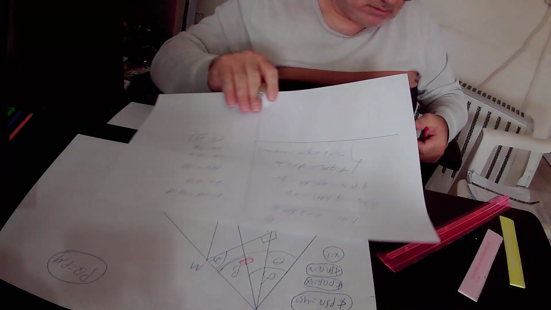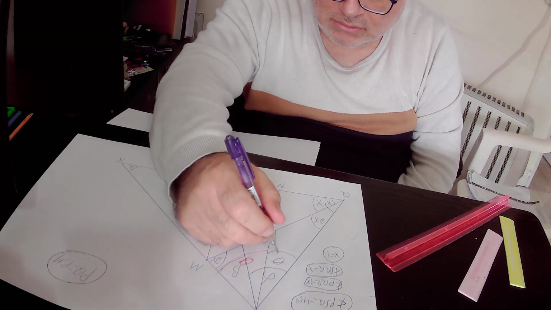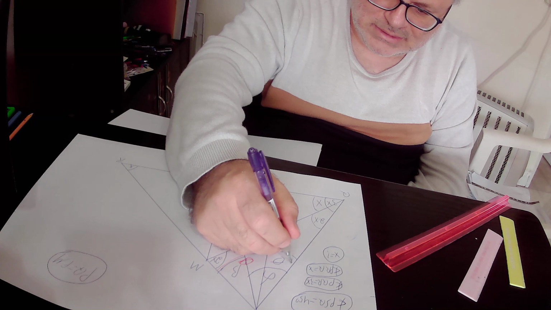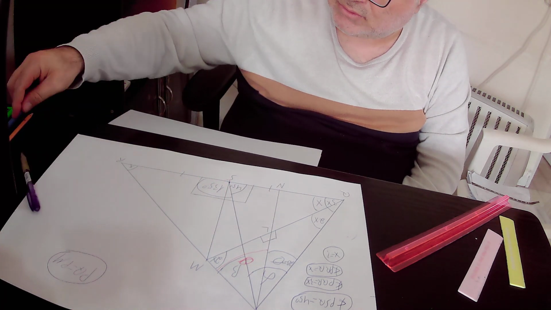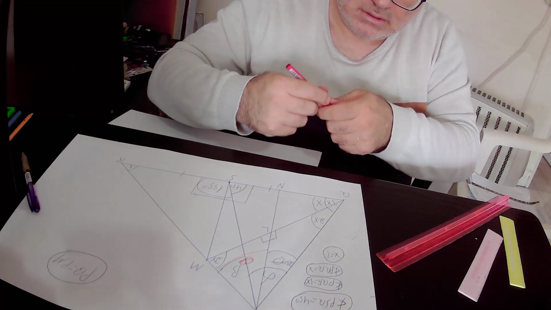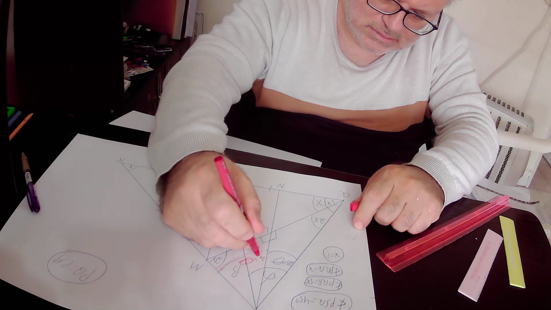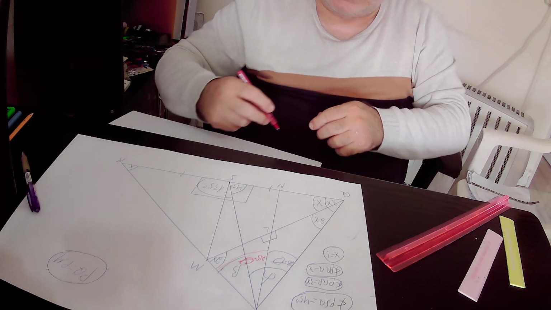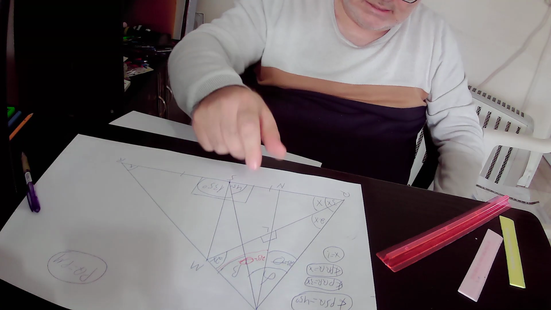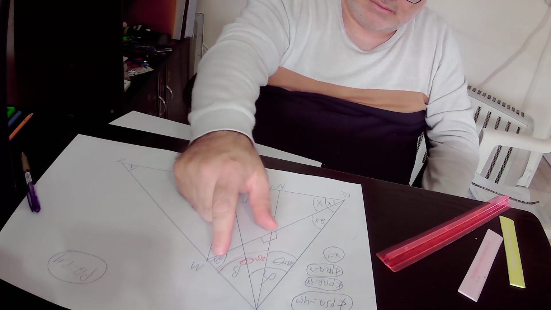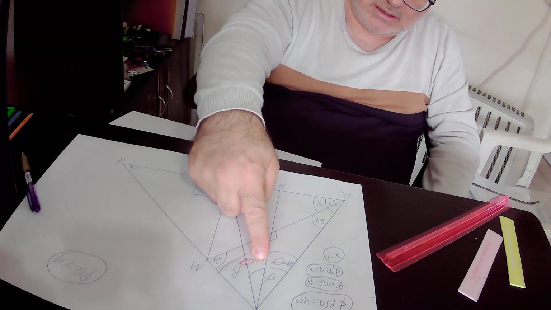So we can write here that theta equals 2 beta. And also here, theta equals 2 beta. So you can see easily from the drawing that theta minus beta equals this angle, that is angle NPS.